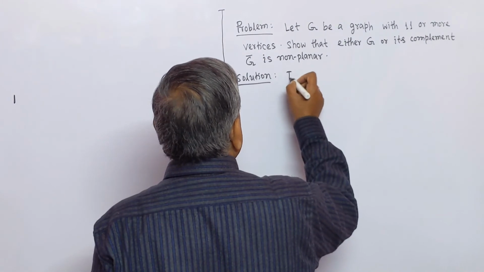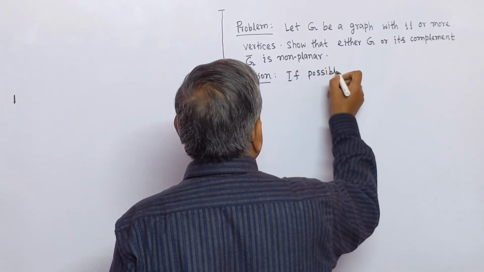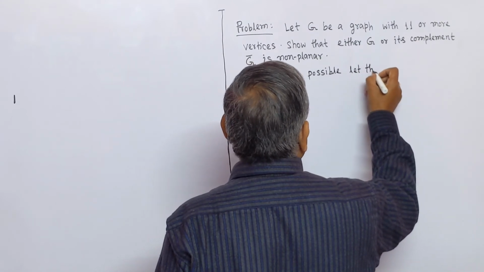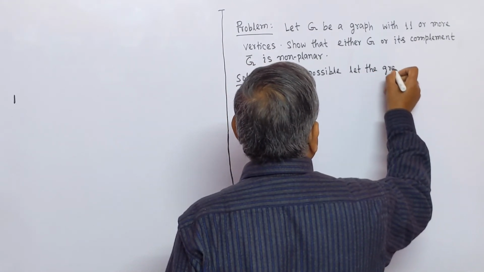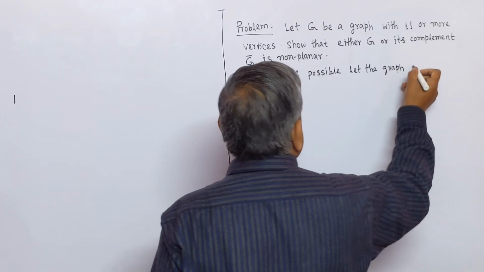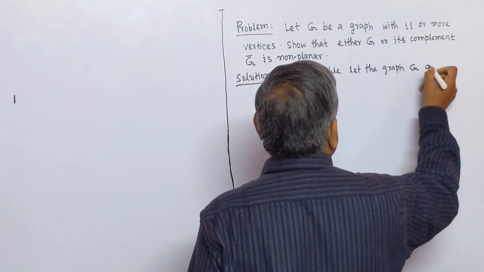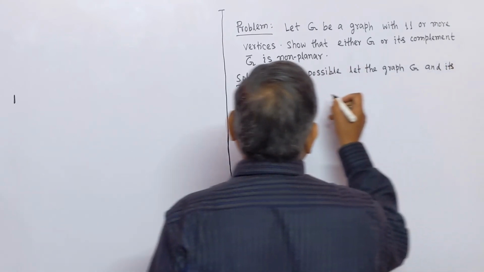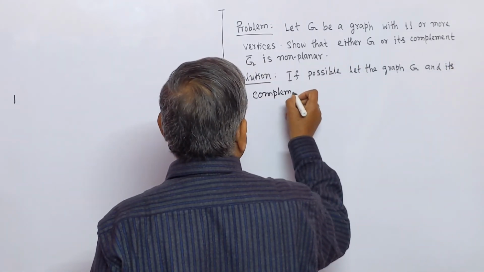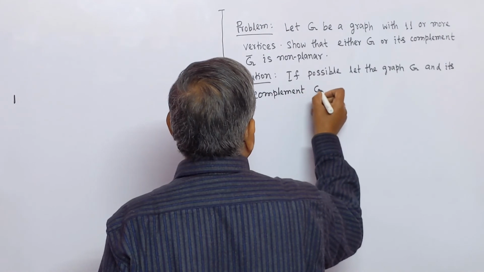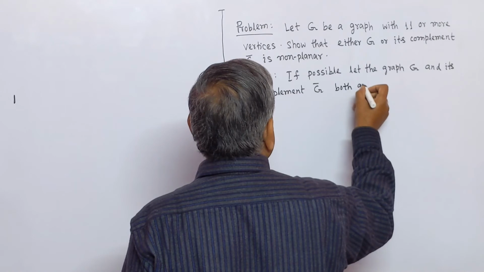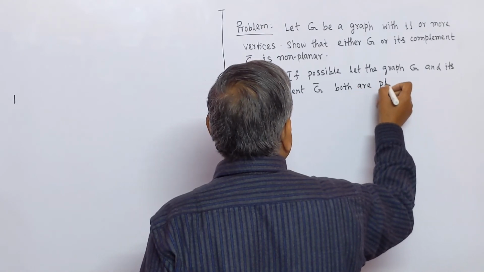If possible, let the graph G and its complement G bar both be planar.